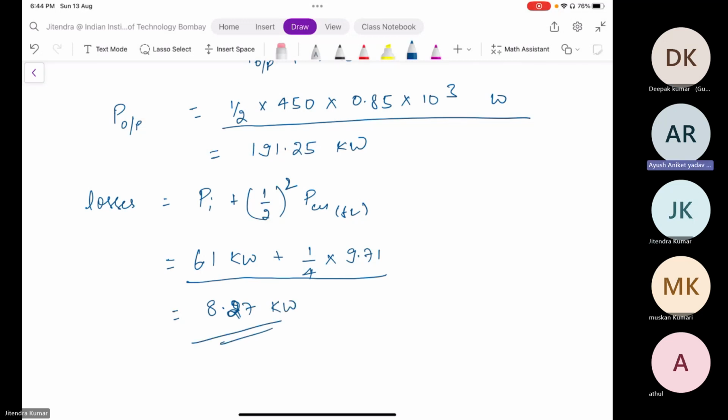No, sir, 8.52. 8.52. Are you sure? 8.527 kilowatt. Okay.